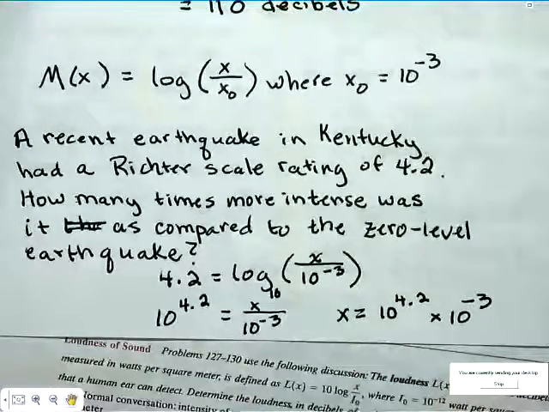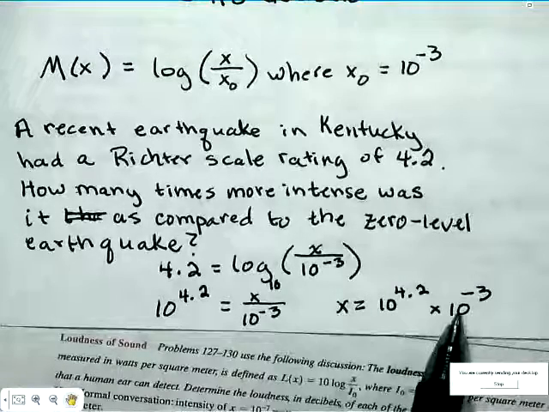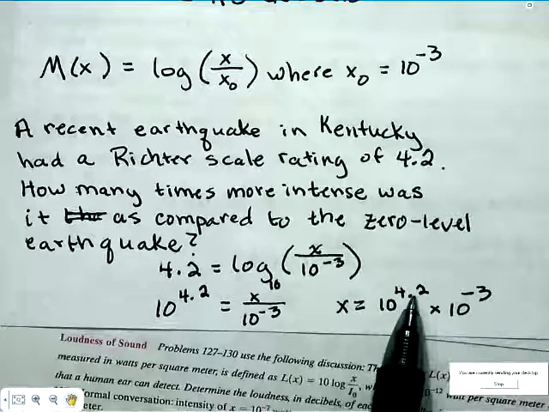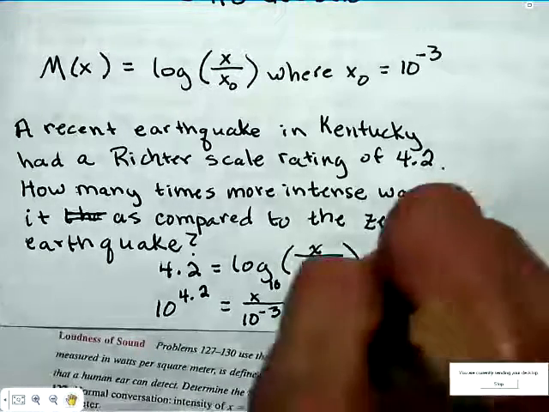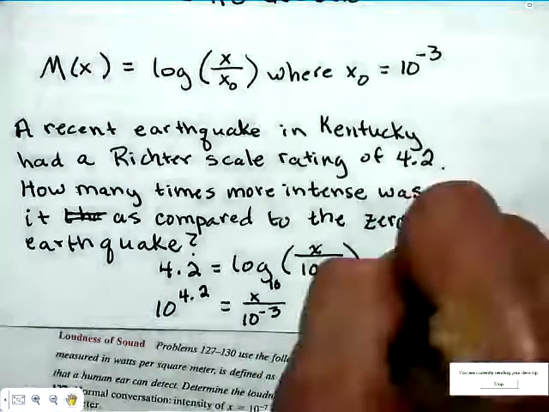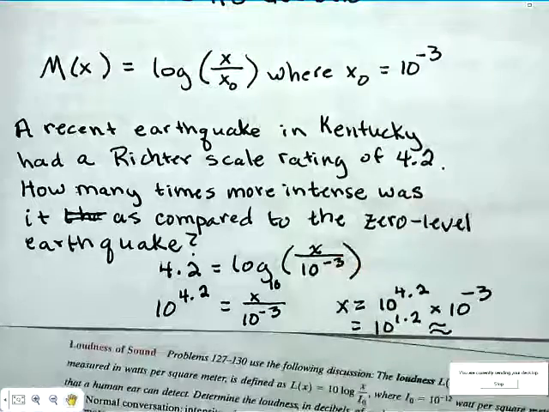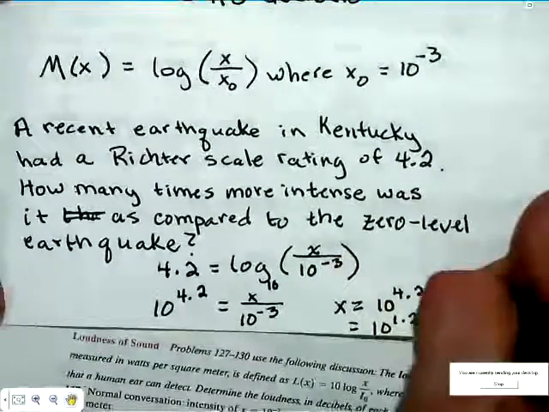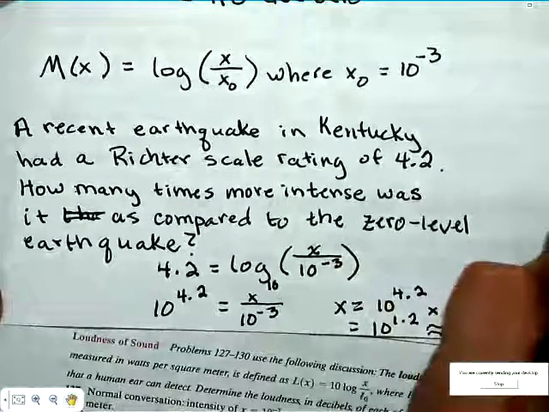And I know because of my rules for exponents, when I multiply two expressions with the same base, I can just do what to their exponents? Add them, so 4.2 plus negative 3 is 1.2, and punch 10 to the 1.2 on the calculator. Okay, let's call it 15.85.